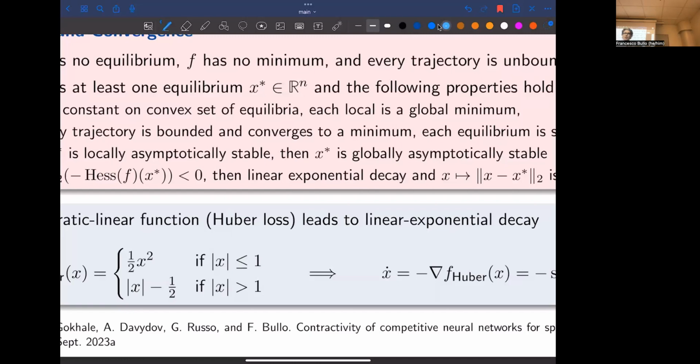Well, I need to take the log norm of the derivative of the function, which will be the Hessian of the Huber function.